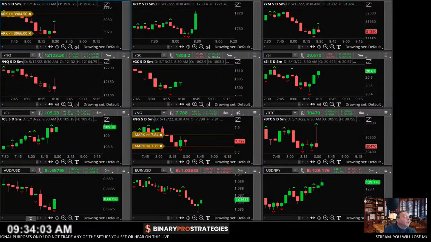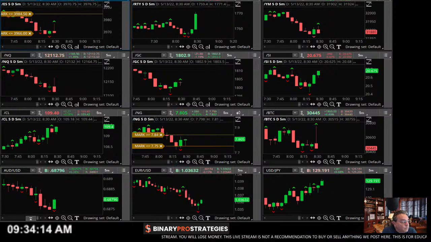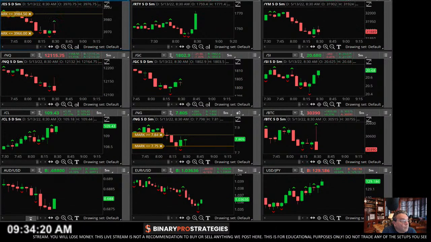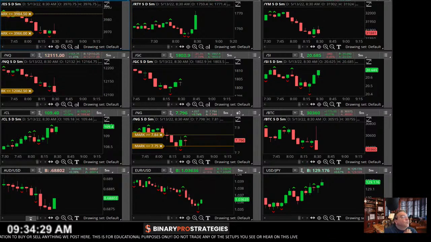That sell came in on US Tech at 121.57.5. Target's going to bring you down to 120.82.5. If you don't hit target, it's going to reverse at 121.95.